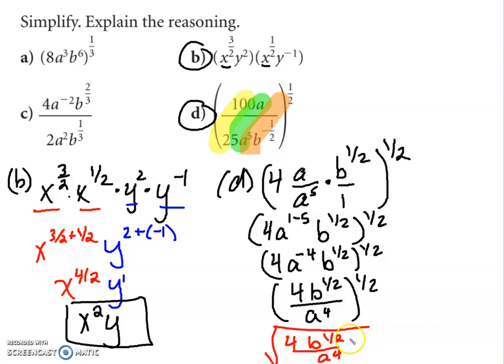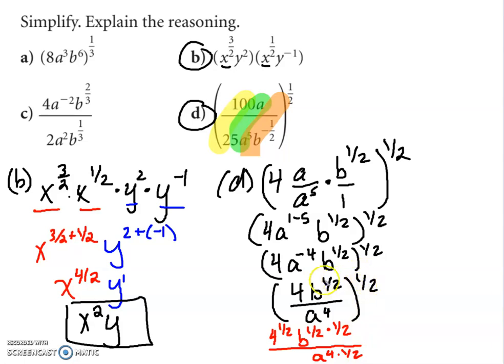So we're just going to be applying this 1/2 to each of the values. So instead of writing it as the square root, we could also just rewrite this as 4 to the 1/2, B to the 1/2 times 1/2, and A to the 4 times 1/2.